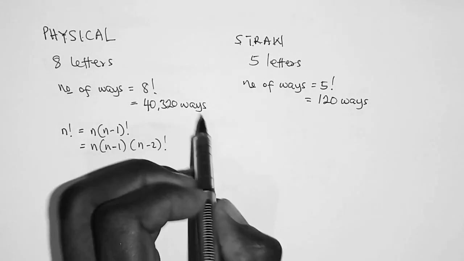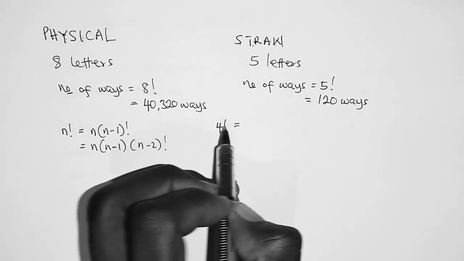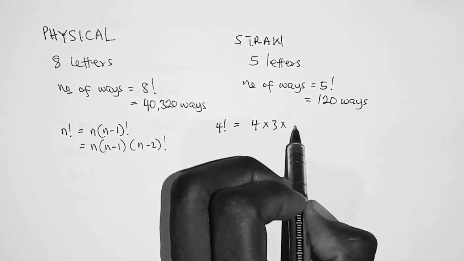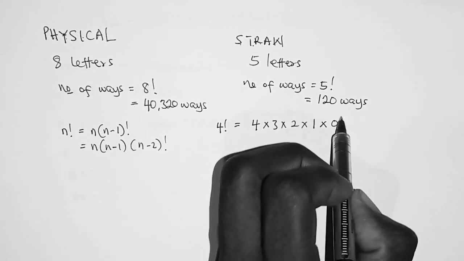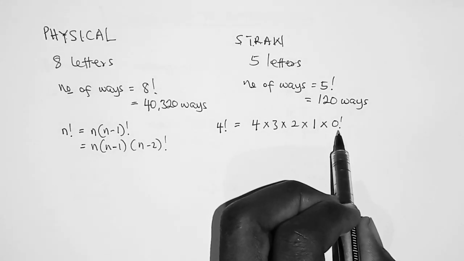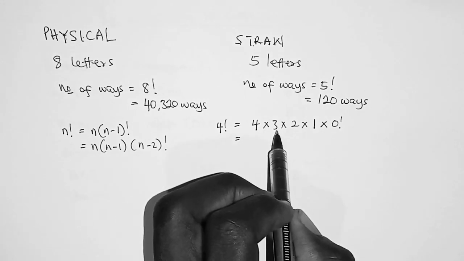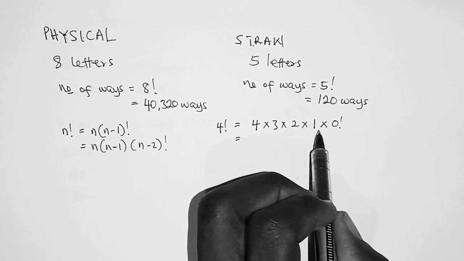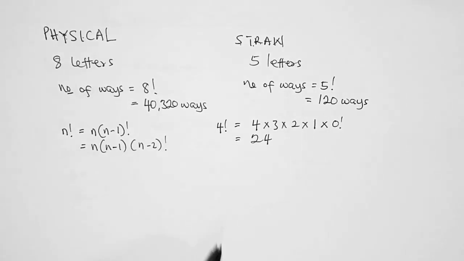So for example, if we say 4 factorial, what is 4 factorial? 4 factorial is equal to 4 times 3 times 2 times 1, then times 0 factorial. But 0 factorial is 1. So at the end of the day, it becomes 4 times 3, which is 12. 12 times 2 is 24. 24 times 1 is 24. Times 0 factorial is still 24. So 4 factorial is equal to 24.